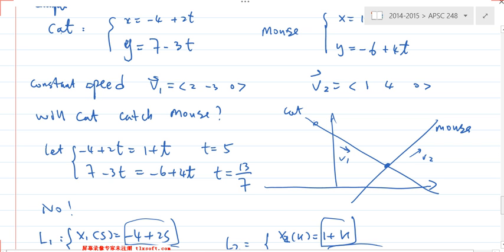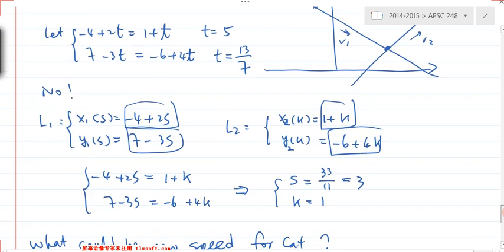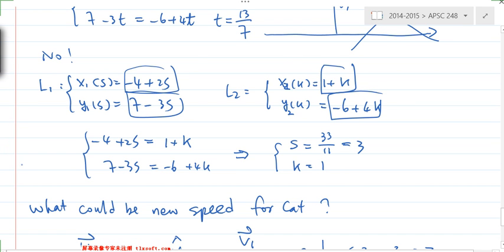Now remember, when we were solving the intersection point of two lines here, we had this k equal to 1 for the mouse line. If I change this k back to the time t, what will be the physical meaning for t equal to 1? Yeah, 1 second. That means at t equal to 1, the mouse reaches where?